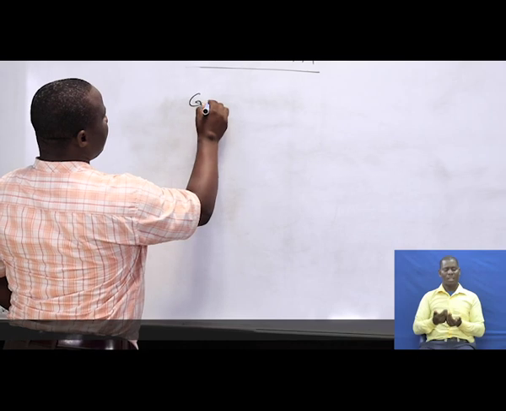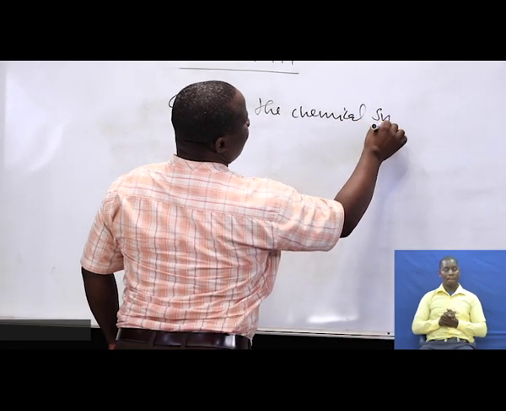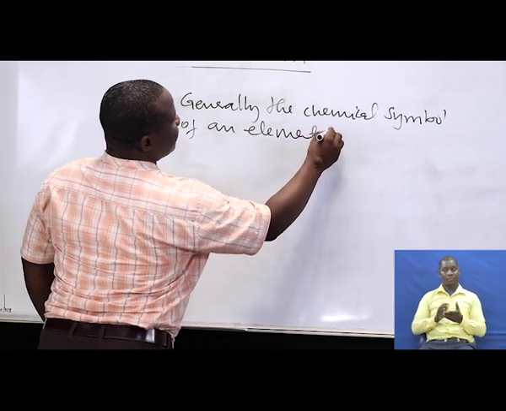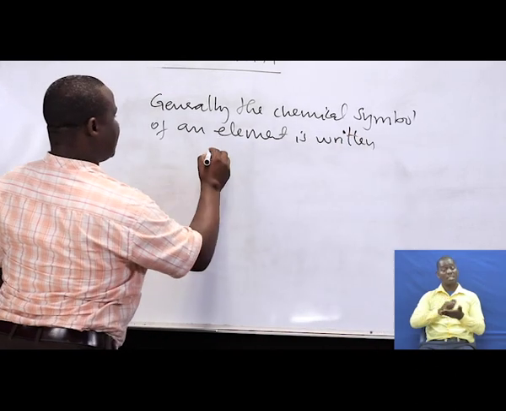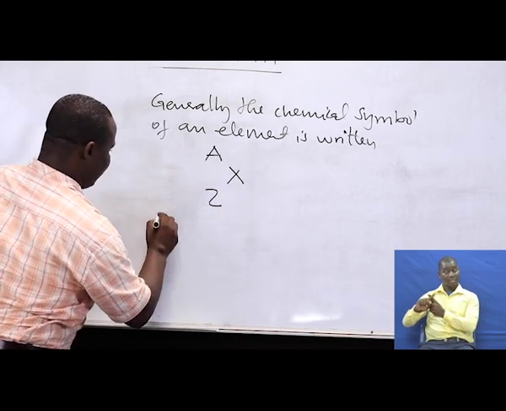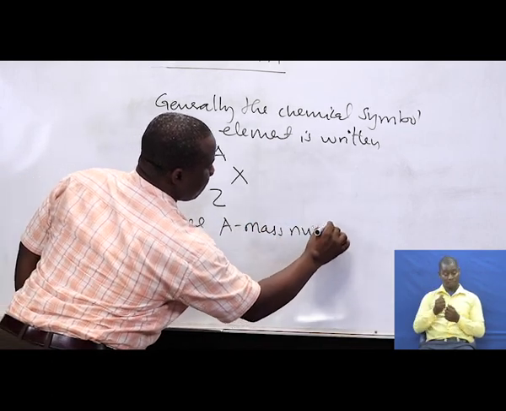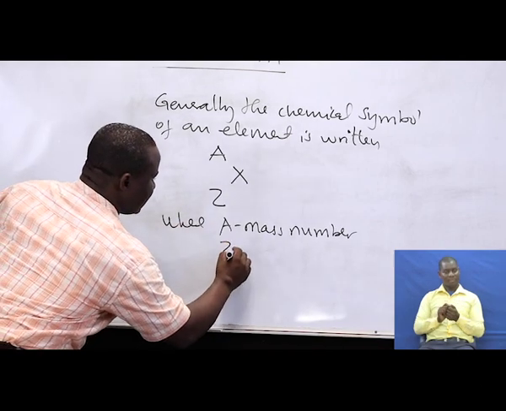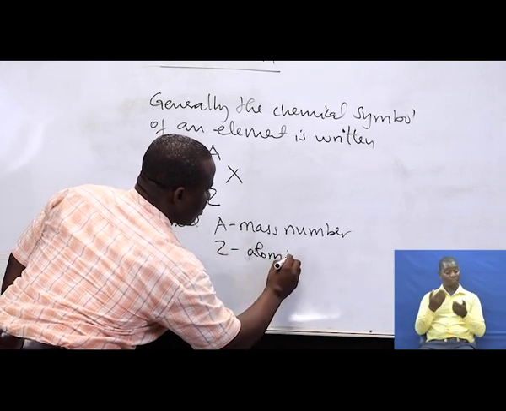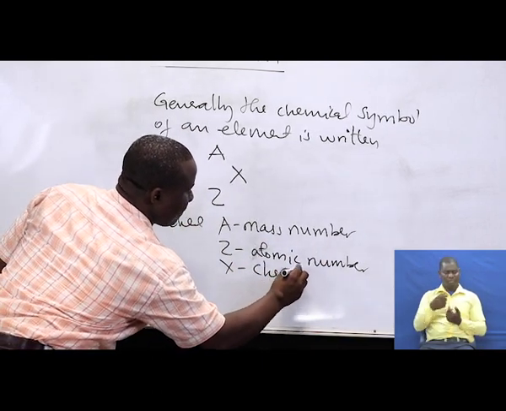Generally, the chemical symbol of an element is written with a symbol X, with A at the top and Z at the bottom, where A is the mass number and Z is the atomic number, while X is the chemical element name.